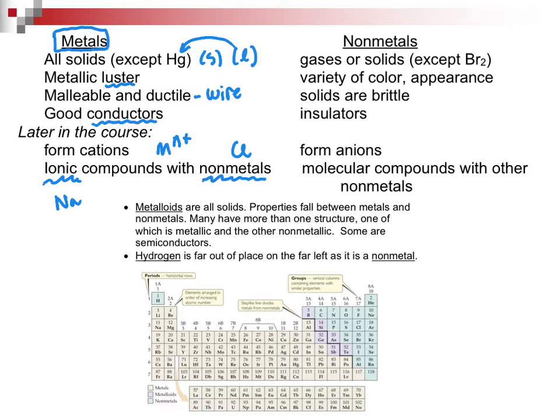On the other hand, we have the nonmetals. All of them are not as easy to characterize. They tend to be gases or solids. Bromine is a liquid, iodine is a solid. Again, don't worry about that. They have a variety of colors and appearances. The solids tend to be brittle, and instead of being conductors, they are definitely insulators. These nonmetals tend to form anions.